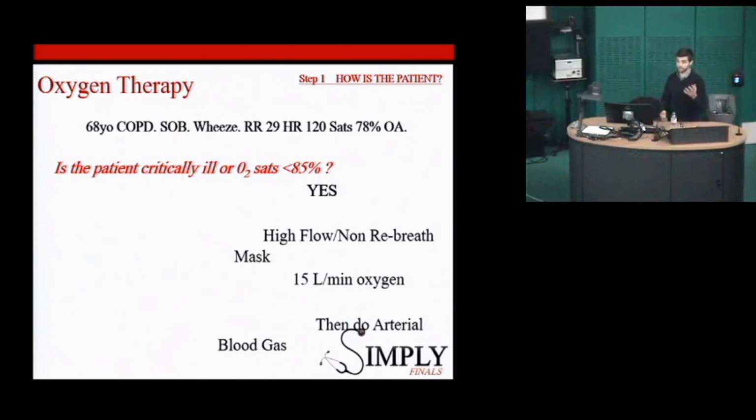So it's better for them to be drowsy than dead. So if either of these questions are yes, then you give high flow oxygen. But obviously you're aware that they might be retainers and more high risk than anyone else, so then you do an ABG. We'll come on to that.